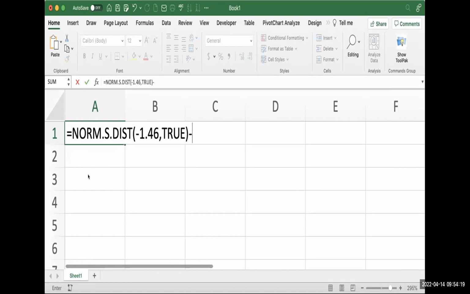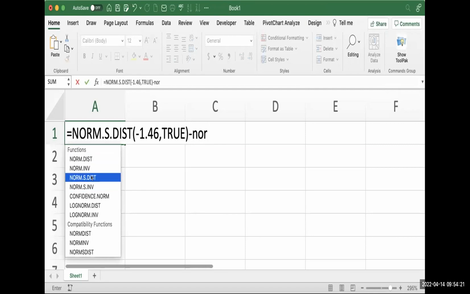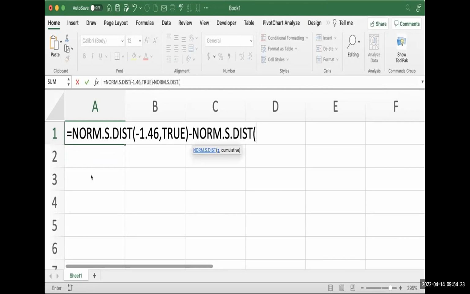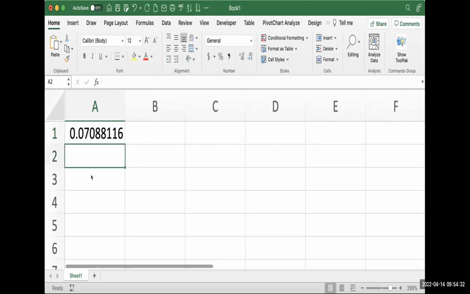I'll subtract from that the standard normal distribution at negative 3.02, and I want this to be cumulative, so true. And so I get 0.070881116.